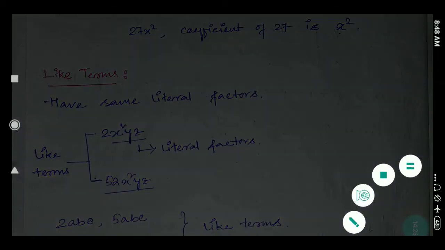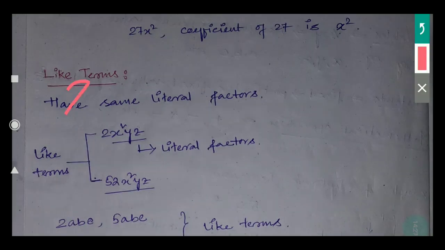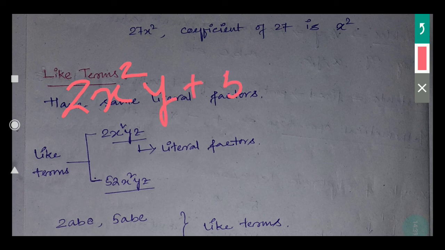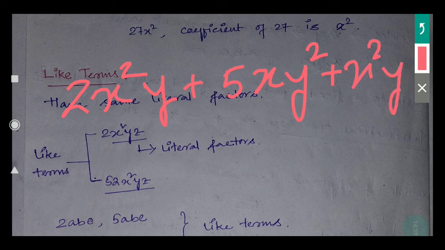Like this, suppose it is given 2x square y plus 5x y square plus x square y. These are given. So you find the like terms. First of all, in this case it is given x square y: x is multiplied 2 times, then with y, x square y.